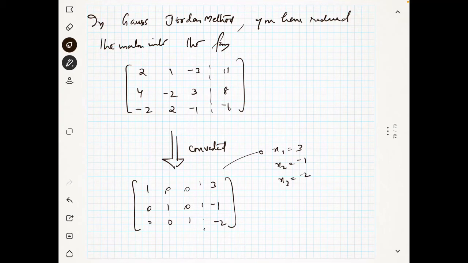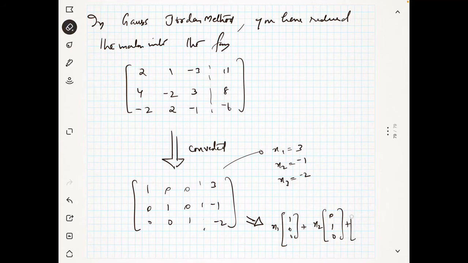Now here basically you can see that this matrix, so if this is the solution, what I can write from this is x1 into 1 0 0 plus x2 into 0 1 0 plus x3 into 0 0 1, I will get the value 3, minus 1 and minus 2.